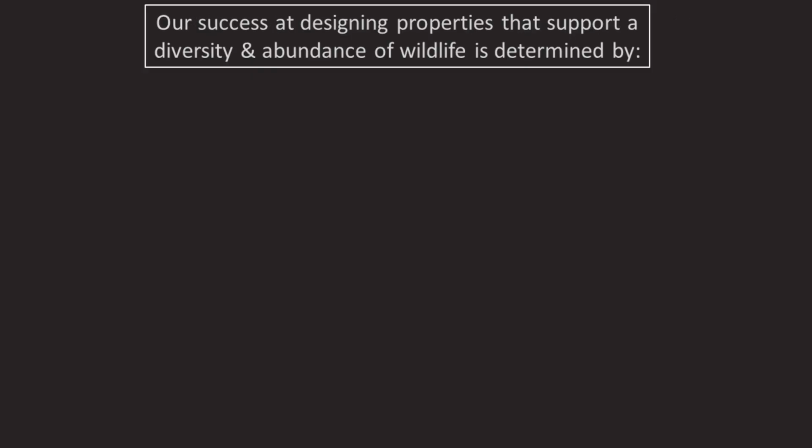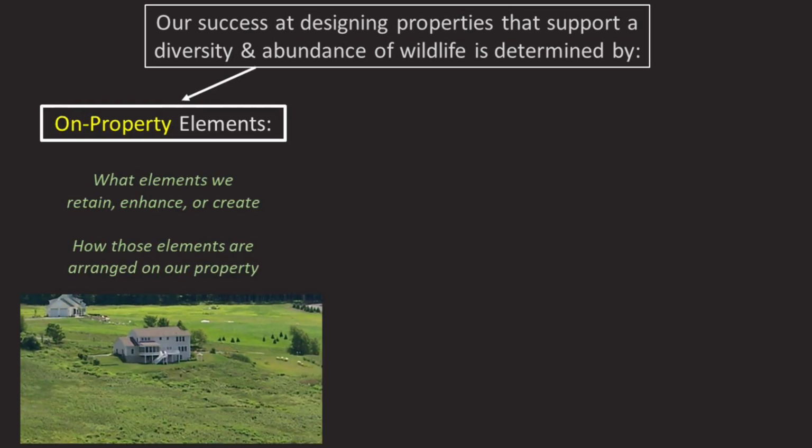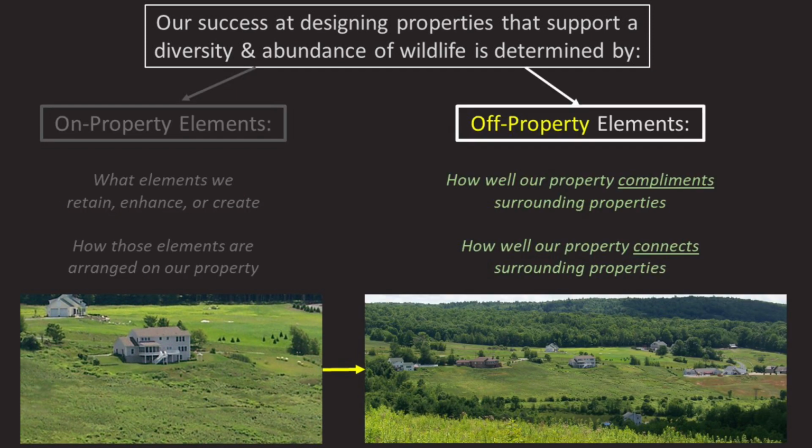How successful we are at attracting and supporting wildlife on our land is determined by which of the on property elements we choose to remove, retain, or create, and how well we arrange those elements on our property, and by how well we design the features on our land to complement those on surrounding properties, and how well we design our land to enhance wildlife movement among surrounding properties.